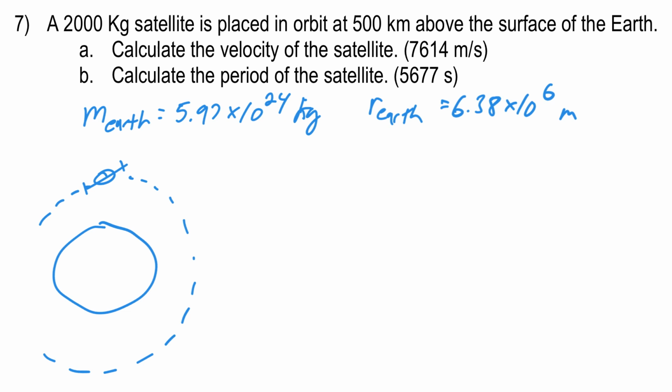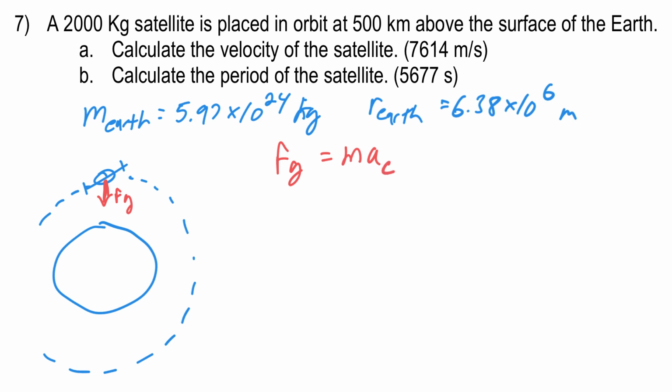So the concept of the satellite, basically, the satellite goes in a circle because the force of gravity creates the centripetal force that keeps it moving in a circle. Right?